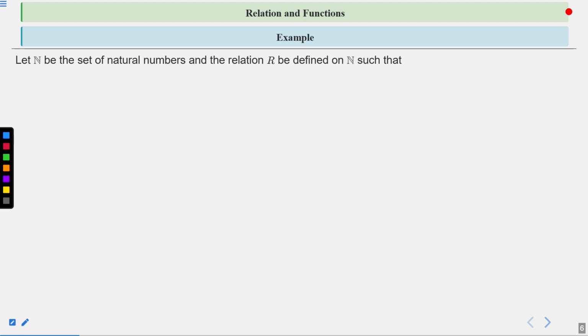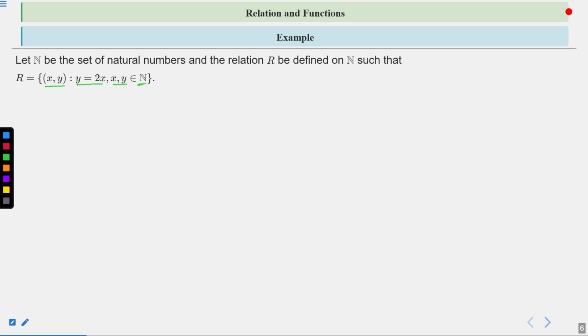Now, some related examples. Suppose N is the set of natural numbers and the relation R is defined on the set of naturals such that, this is the set builder form of your relation R: the collection of all ordered pairs (x, y) such that y is equal to twice of x, and x and y both belong to the set of naturals.